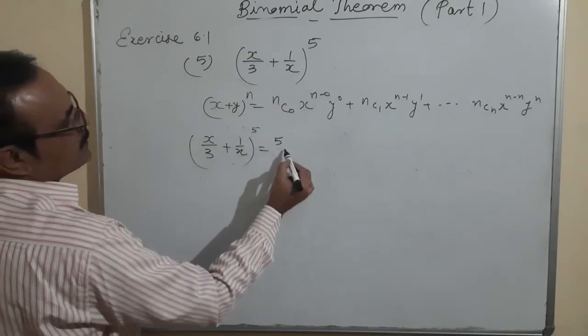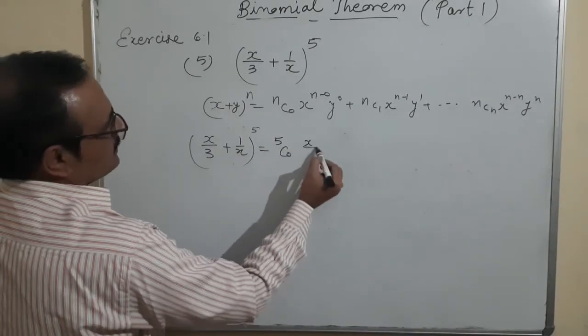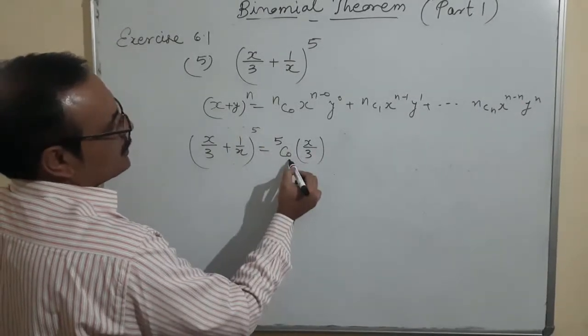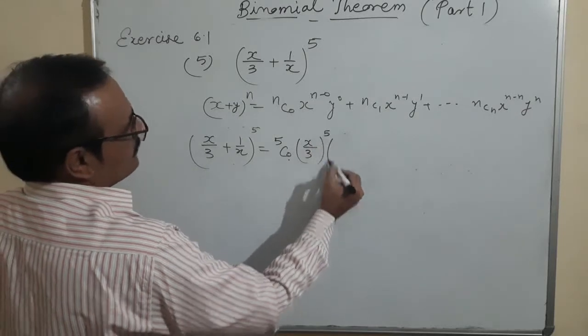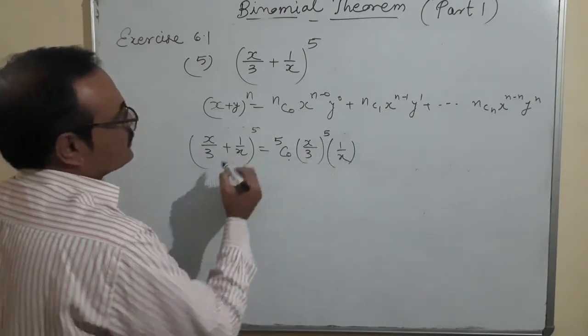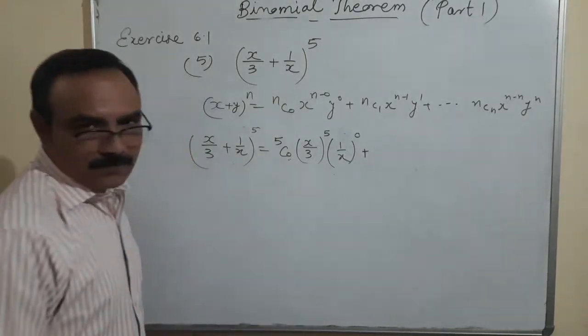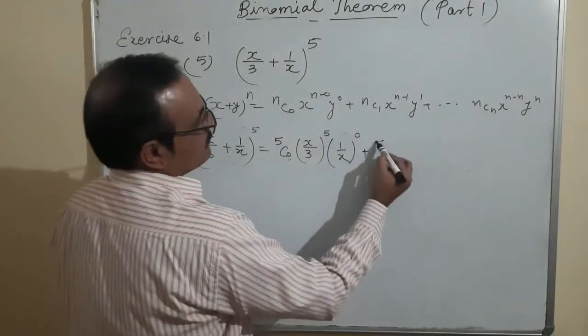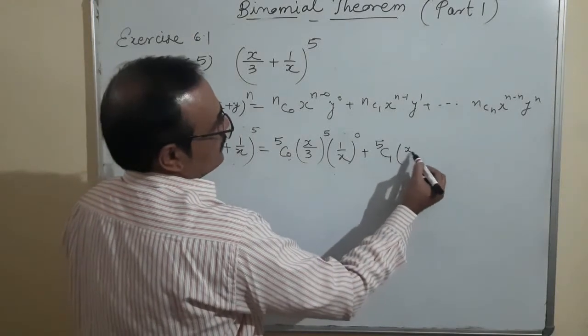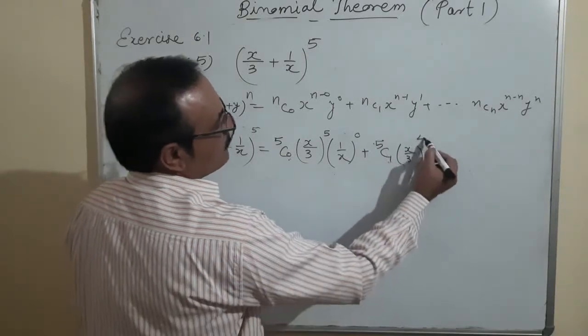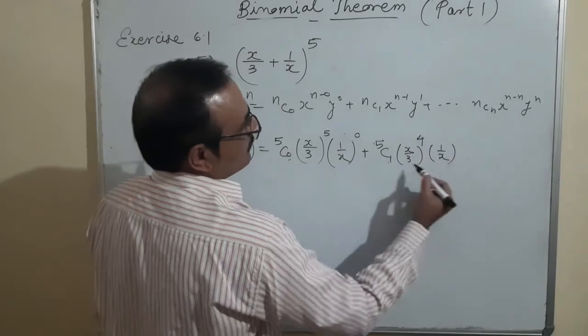So 5C0 x upon 3 to the power 5 minus 0, that is 5, and 1 upon x to the power 0. Clear? Plus 5C1 x upon 3 to the power 5 minus 1, 4, 1 upon x to the power 1.